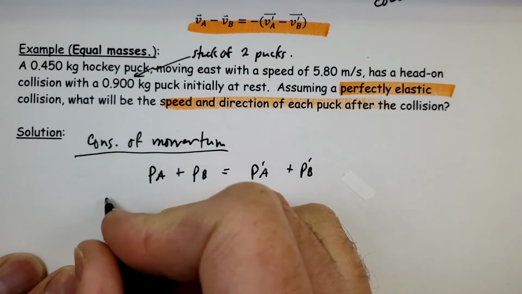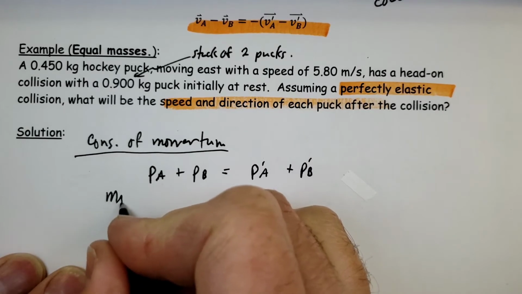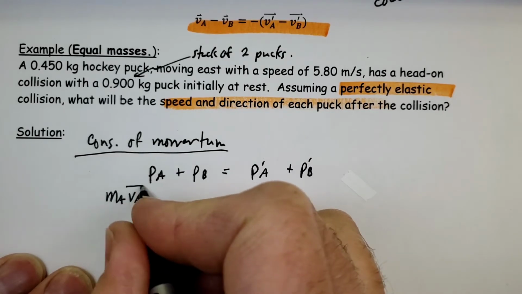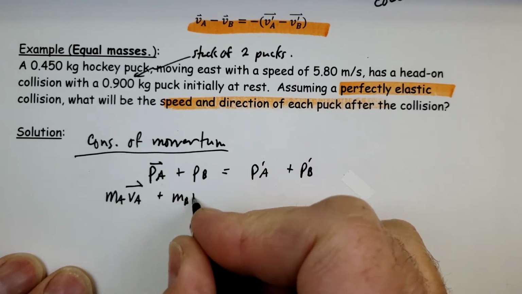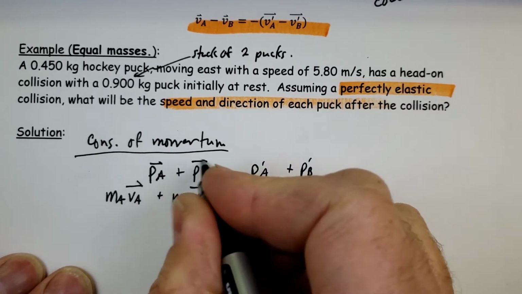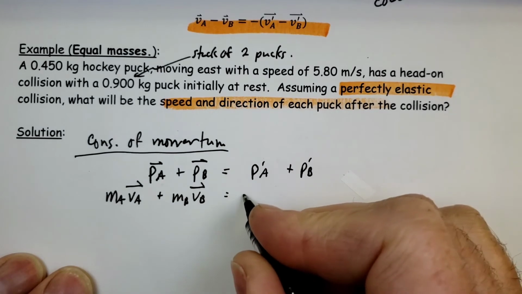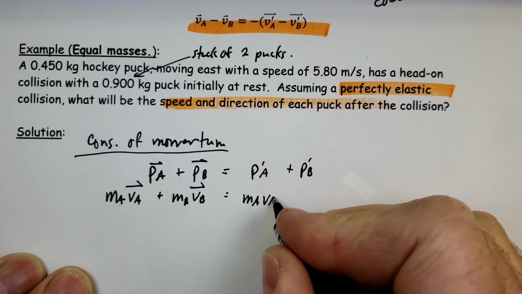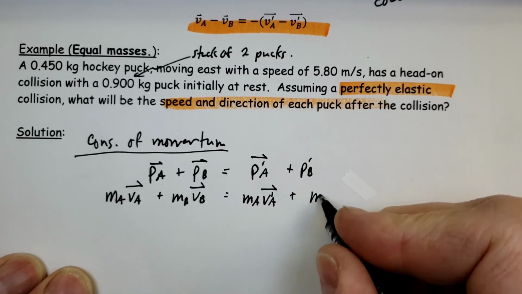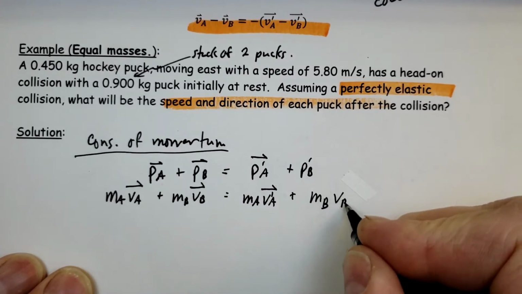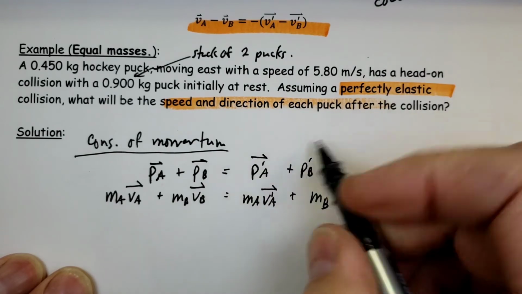And of course, this breaks down into MAVA plus MBVB equals MAVA prime for velocity after and MBVB prime after.